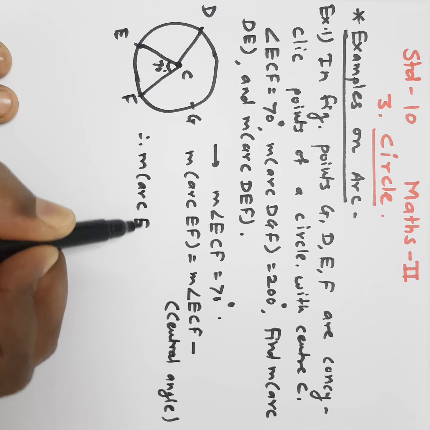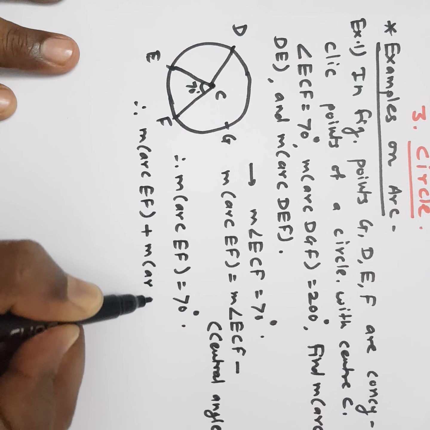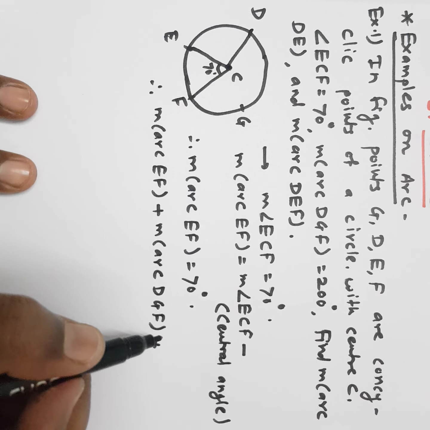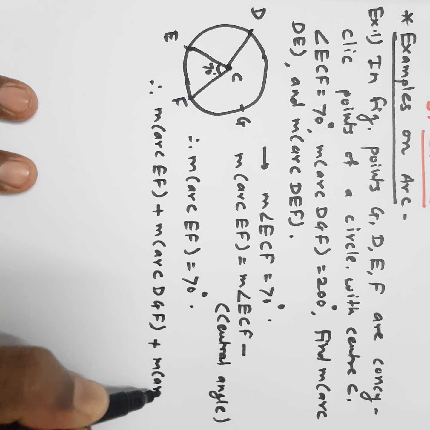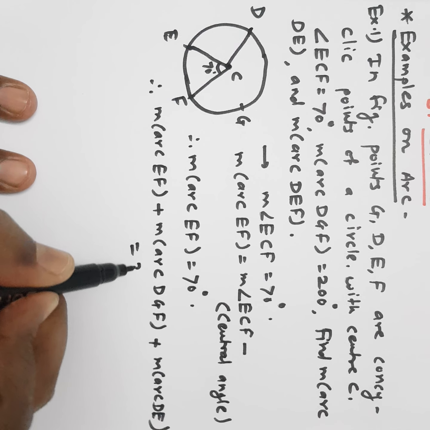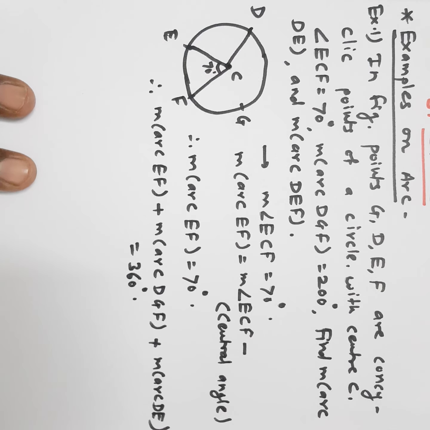Now we know about the sum of the measures of arcs. Here in the figure, the measure of arc EF plus the measure of arc DGF plus the measure of arc DE is equal to 360 degrees.